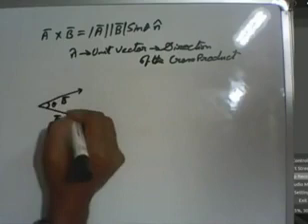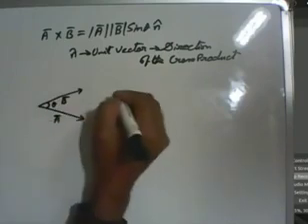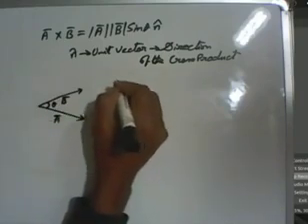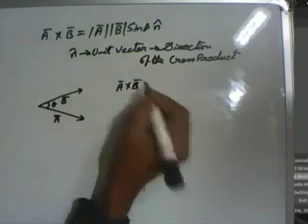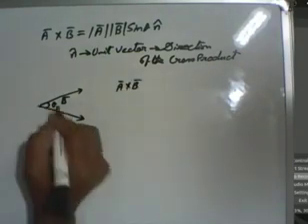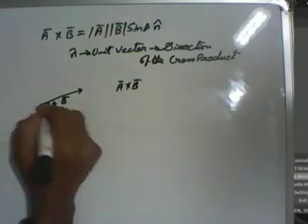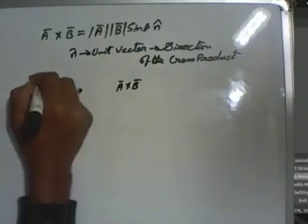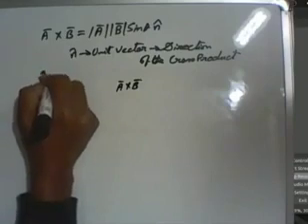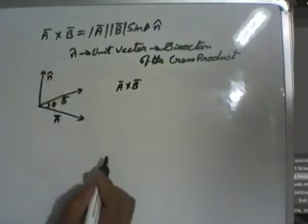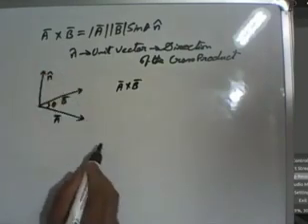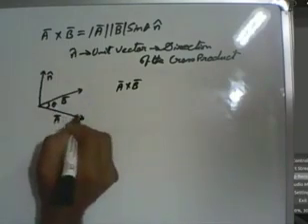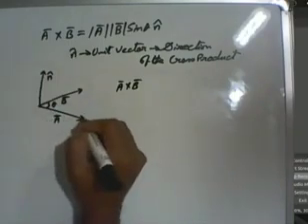So A cross B, as we said, is a vector, and the direction of the vector is perpendicular to both A and B. Means this is perpendicular to the plane containing the vectors A and B.